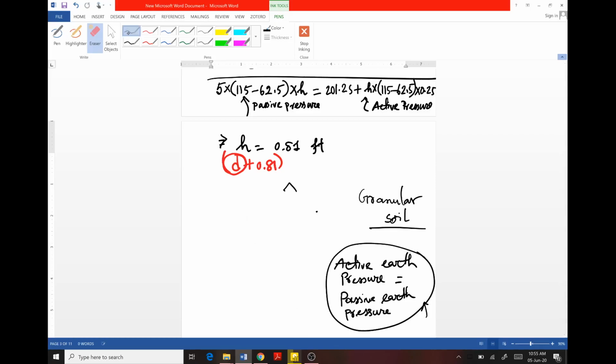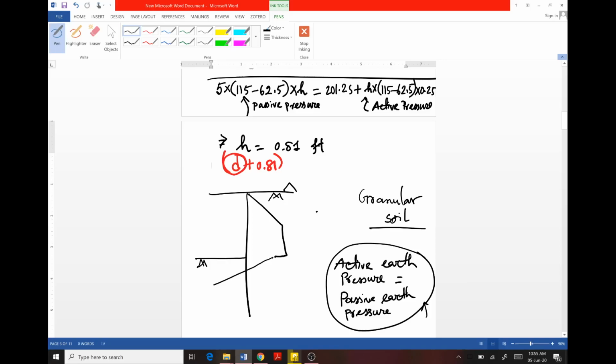Okay, so let's draw the picture again. We have our earth pressure diagram up to this. The mechanism I have already made you understand. So you have already guessed that the earth pressure diagram will be somewhat like this.